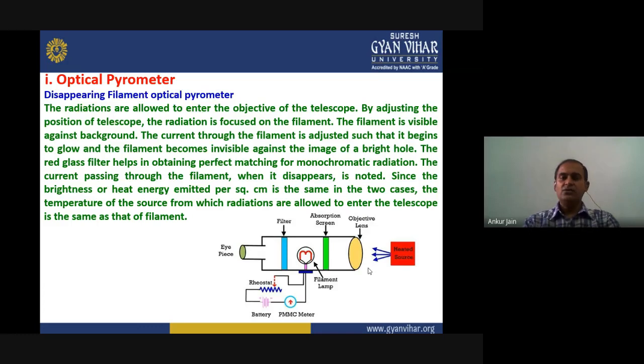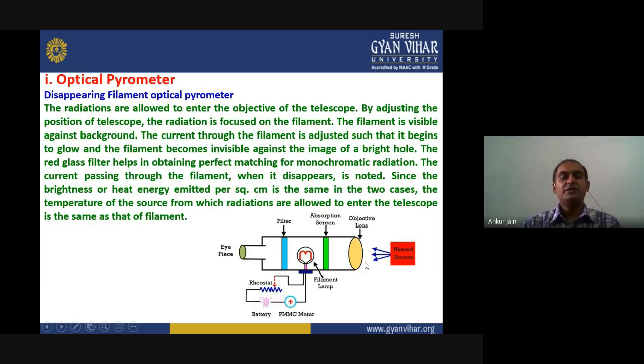Now, we have to adjust the current through the filament so that it begins to glow. After some time, when we increase the current, the filament becomes invisible against the image of the bright hole.